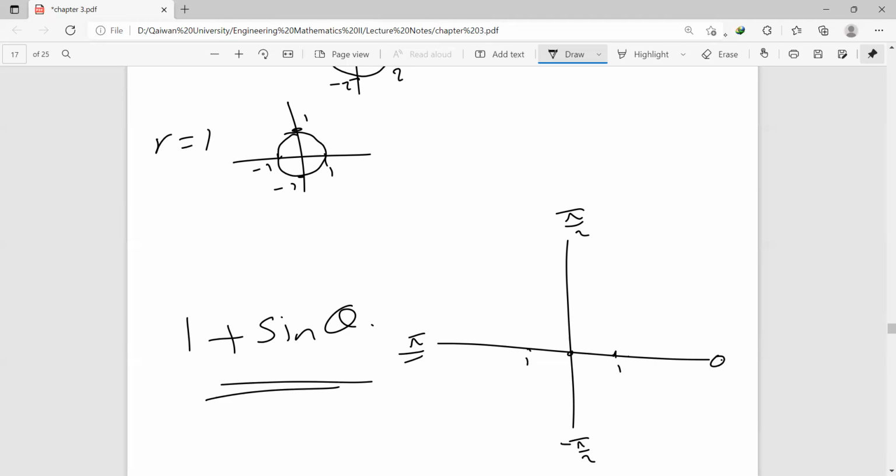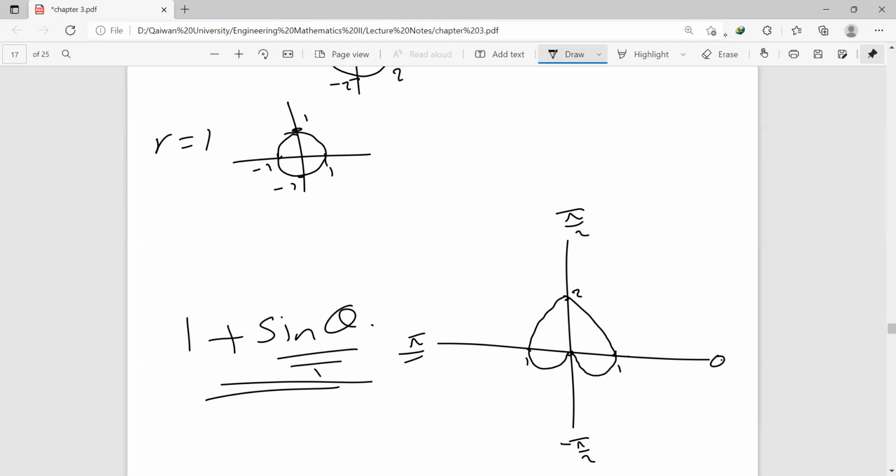How about at pi over 2? At pi over 2, sine becomes 1. 1 plus 1 is 2. Now we join these. It goes like this. This is the graph of 1 plus sine theta.